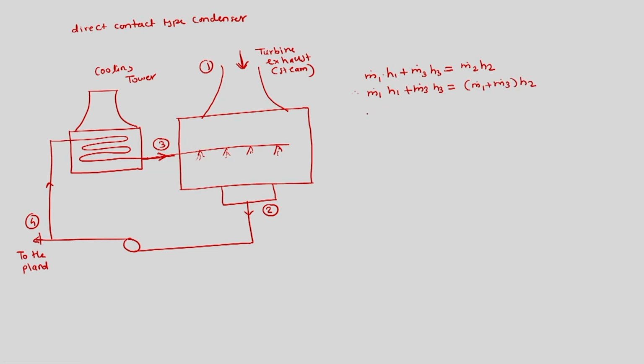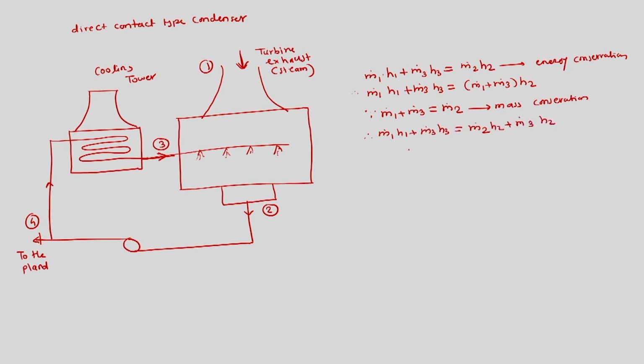This is from the fact that m dot 1 plus m dot 3 is equal to m dot 2, which is mass conservation, and we are working here on energy conservation. So m dot 1 H1 plus m dot 3 H3 is equal to m dot 1 H2 plus m dot 3 H2.